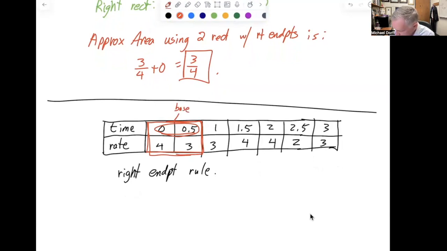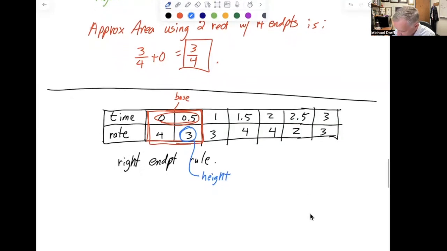And then my height is going to use the right point. This represents the height for the first rectangle. So for rectangle 1, base times height is a half times 3.